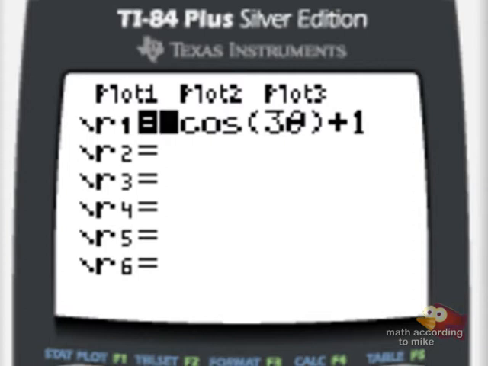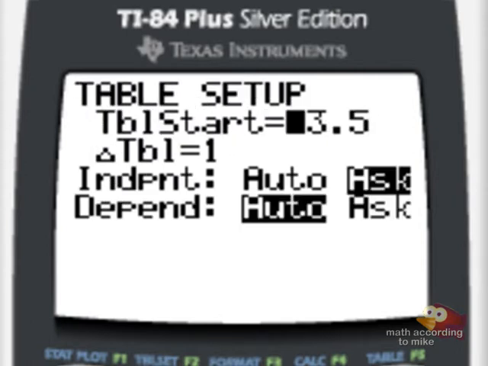What we're going to do is have the calculator generate a table for us. So go to second table set. Notice we're starting at 0 degrees, so make sure your table start is 0.